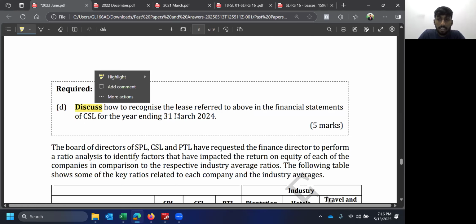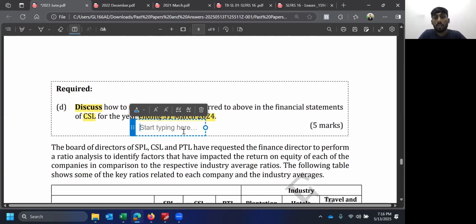Required: discuss how to recognize the lease referred to above in the financial statements of CSL during the year ending 31st March 2024. So they are asking you how to record this in the year ending 31st March 2024. That means this starts from 1st April 2023 and ends on 31st March 2024, right?